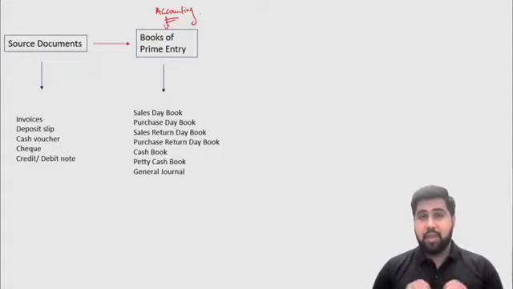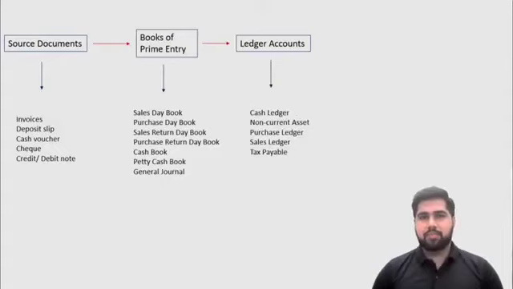Guys, please focus on what I'm saying, the words that I'm saying. We start summarizing these transactions at each stage. The first level of summary we make is your ledger accounts, right? This is summary number 1, I would say.